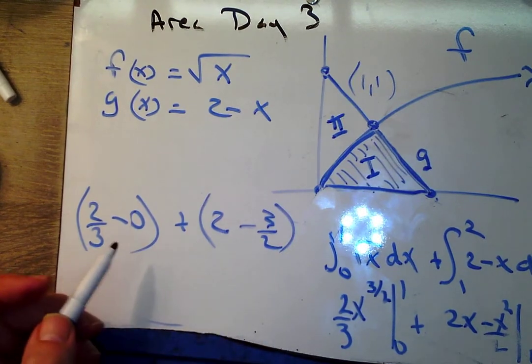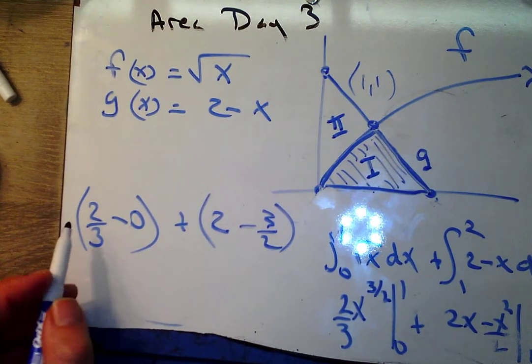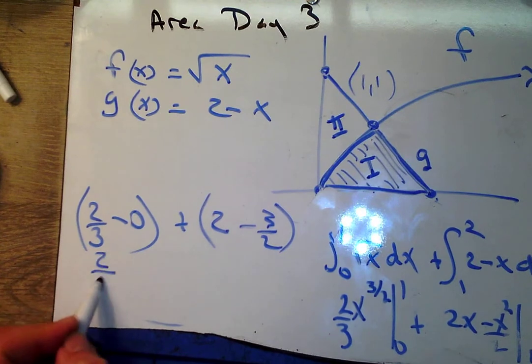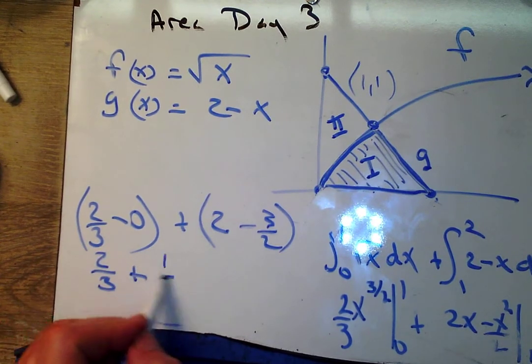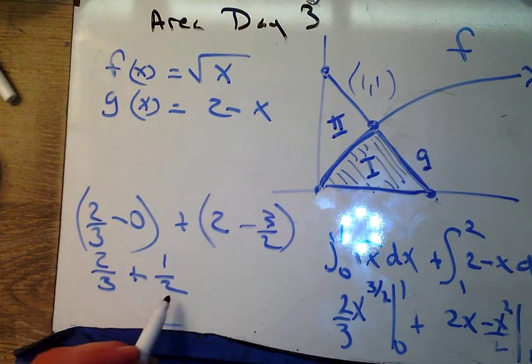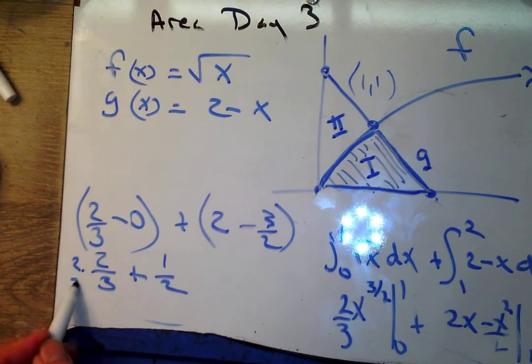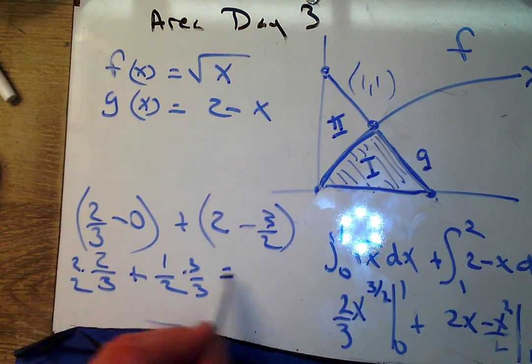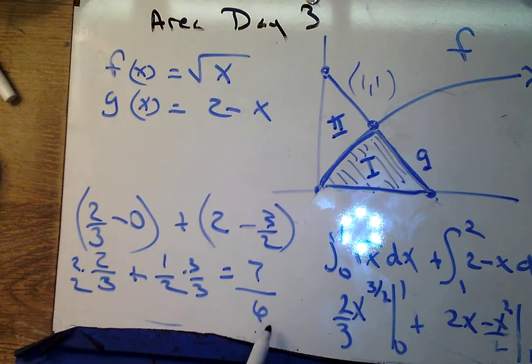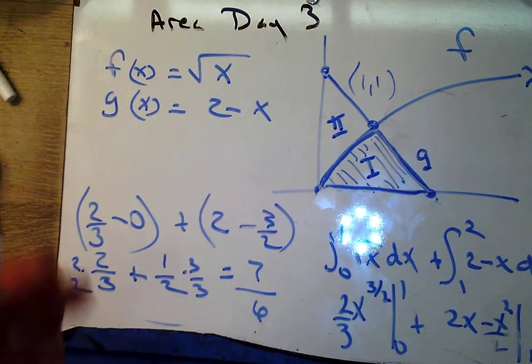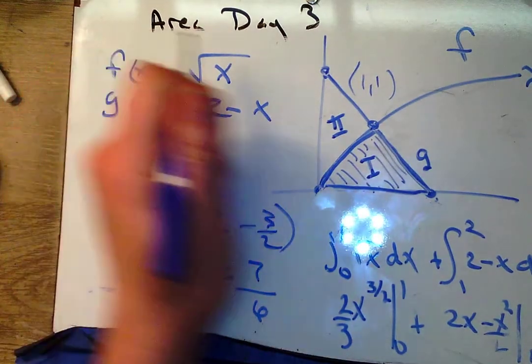So what do I get? Well, I believe I get 2/3 plus 1 half, and it looks like 7/6. I think that area is 7/6, and that's pretty straightforward and reasonable.